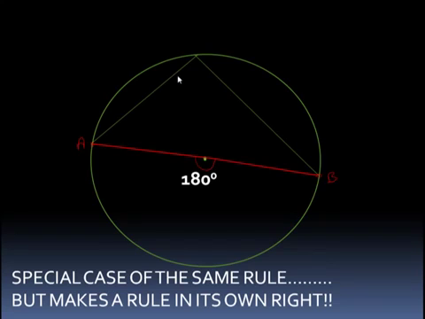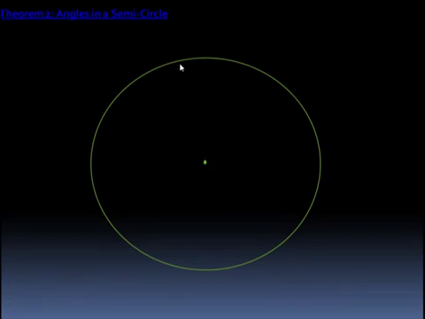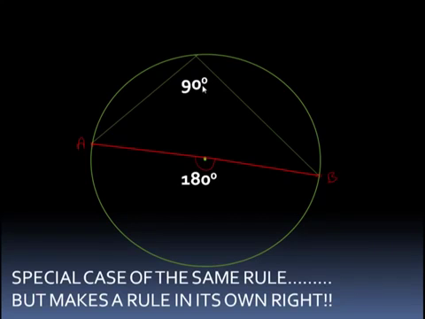Yep, it is this angle right here. And yes, it's 90 degrees. So the angle at the center, 180 degrees, is twice the angle at the circumference. So this must be 90. And this is a new rule. So let's look at it.